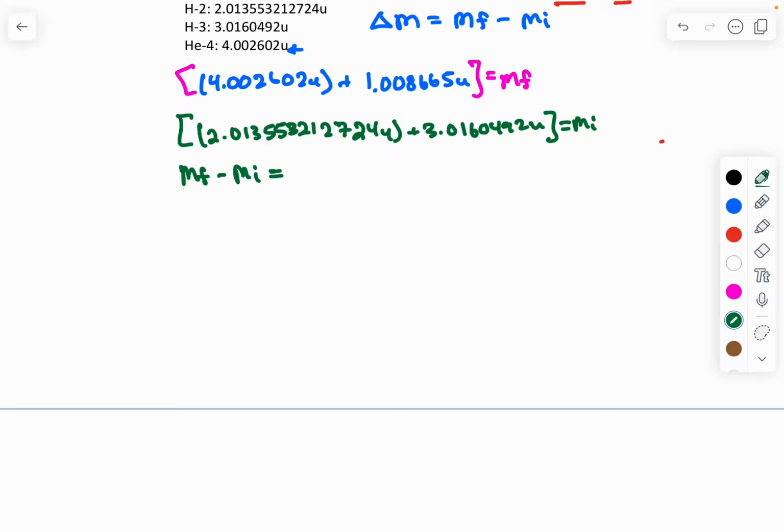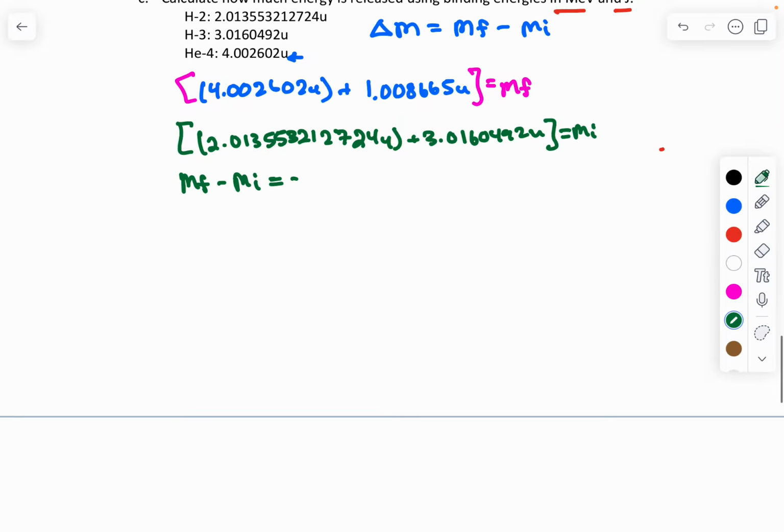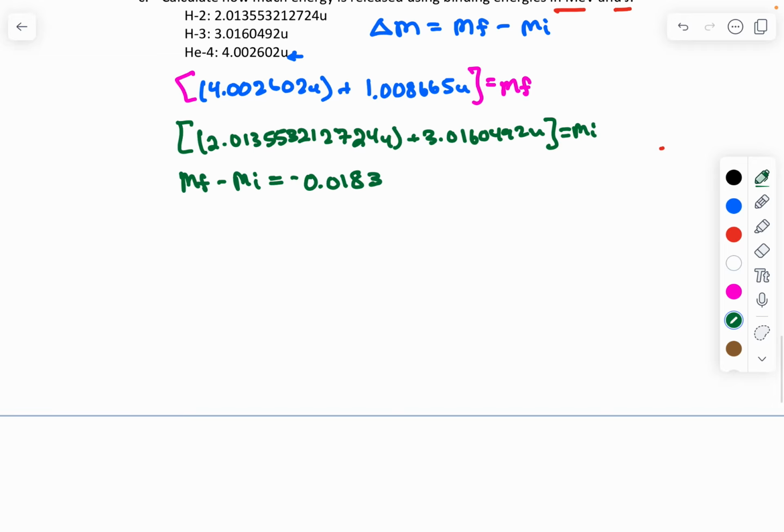Give me a second. It's kind of annoying, right? But you should get something like this: negative 0.0183541 27 U. Wow, this is so ugly.